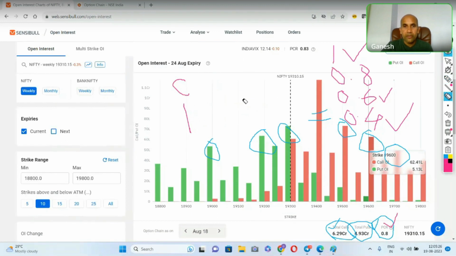What if it is 1.2, 1.4, 1.6? Same thing. 1.2 means slightly neutral to bullish. 1.4 means bullish. 1.6 means ultra bullish, the number of puts sold is very high compared to the number of calls.